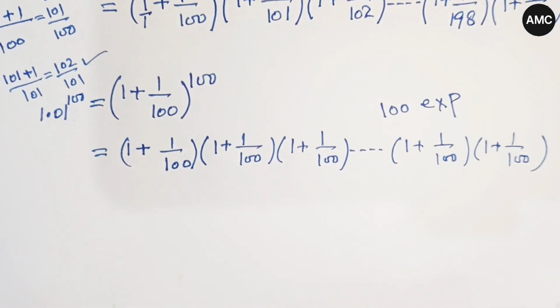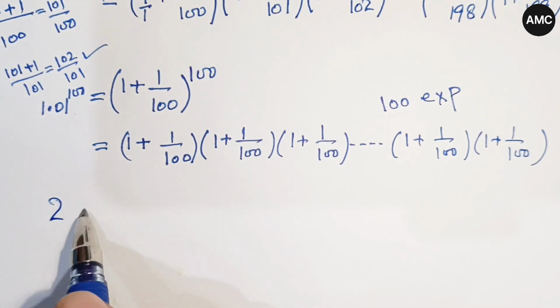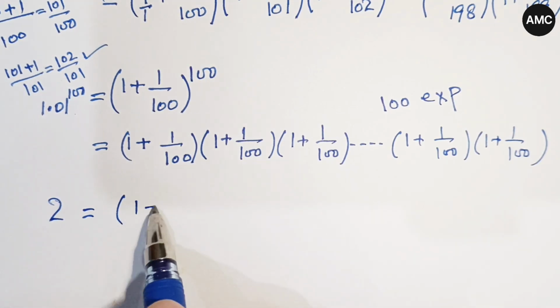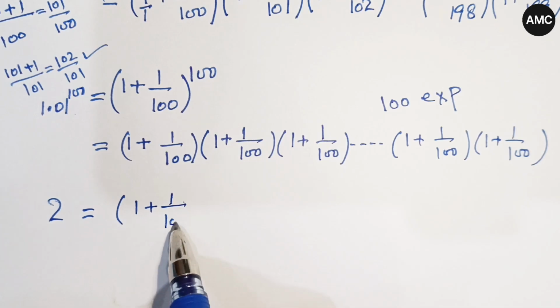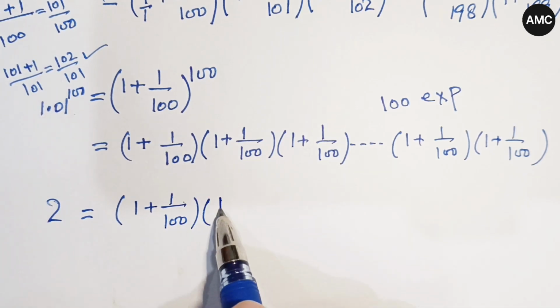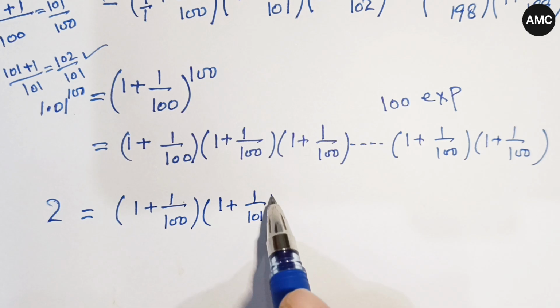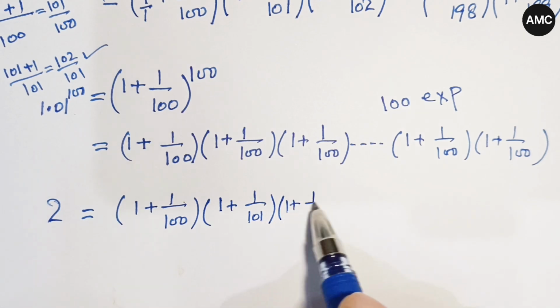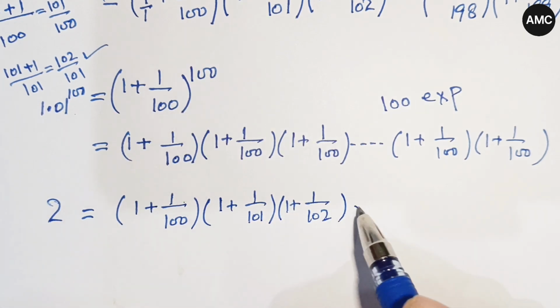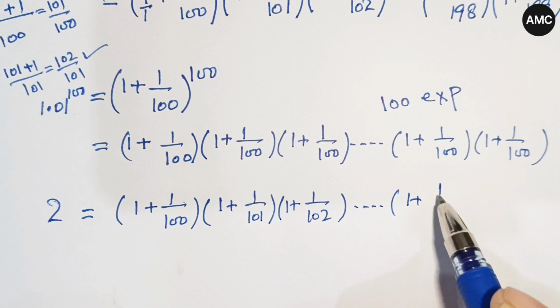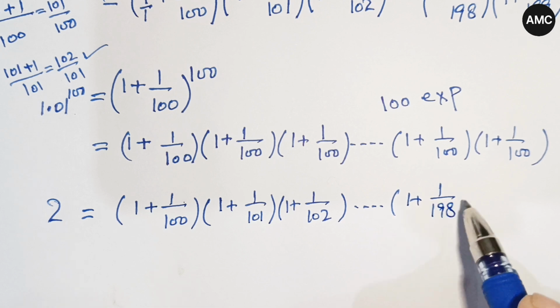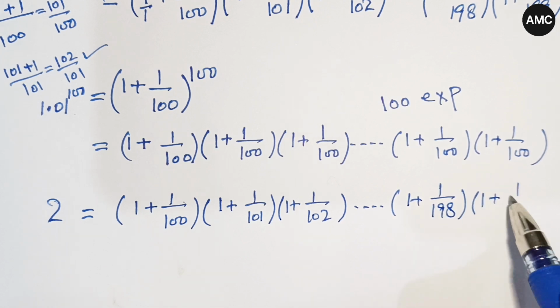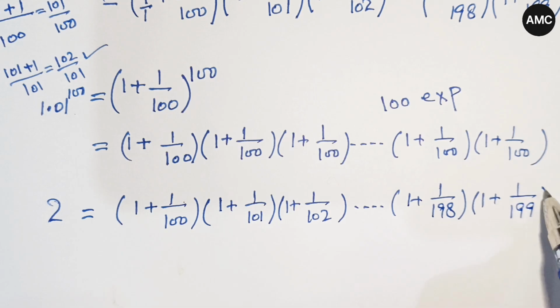Now if we write that 2 is equal to 1 plus 1 over 100 times 1 plus 1 over 101, 1 plus 1 over 102, and up to 1 plus 1 over 198, and 1 plus 1 over 199.